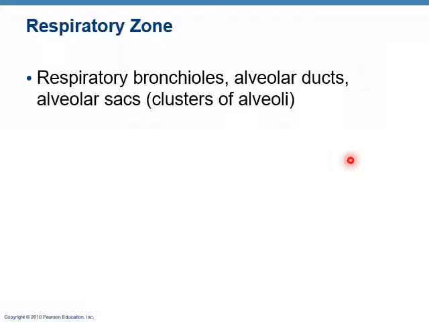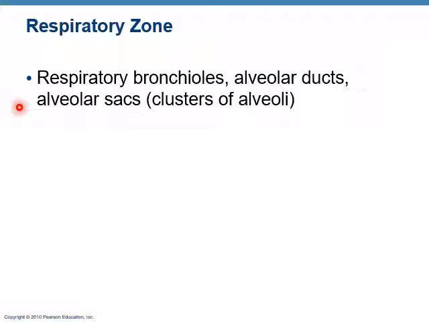Respiratory zone. Okay, so this is where the actual gas exchange is going to happen. And that starts with what are called respiratory bronchioles, alveolar ducts, and alveolar sacs. The respiratory bronchioles are the tiniest branches off of the secondary bronchi.